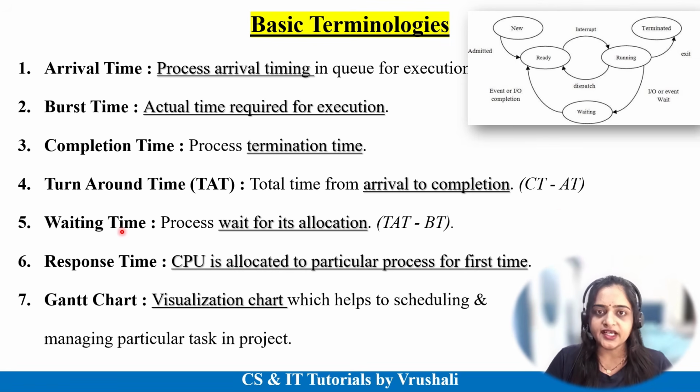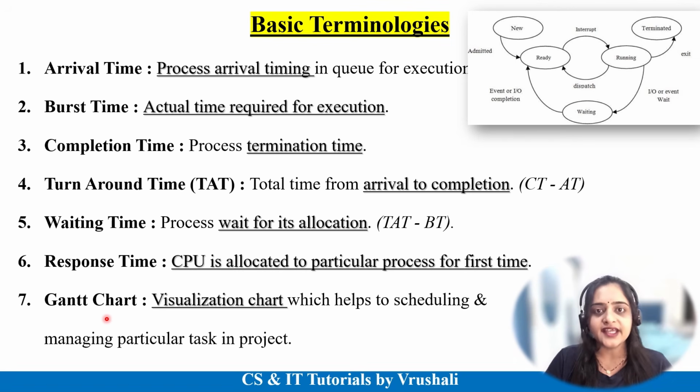Next is waiting time. Due to some interruption, the process goes to the waiting state. This is called waiting time, and it is calculated by turnaround time minus burst time. Next is response time. When the CPU is allocated to the process for the first time, that is called response time.